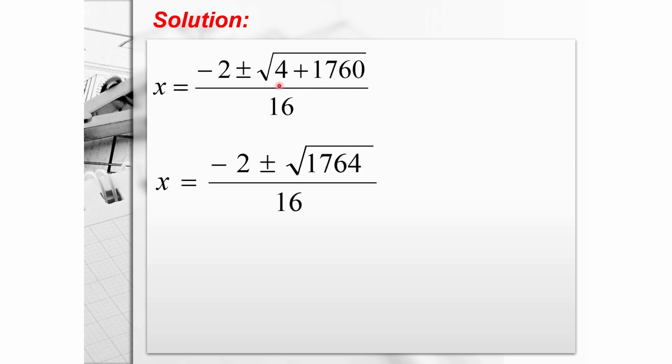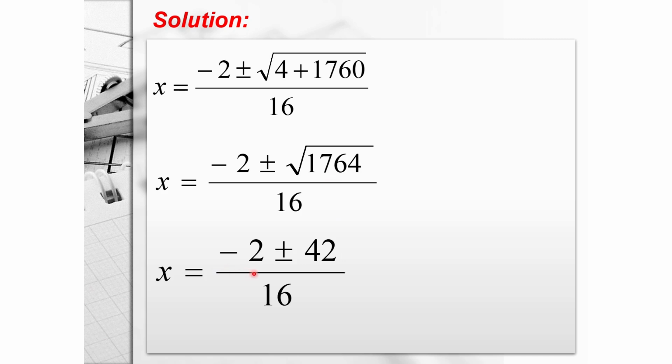Adding the numbers inside the radical sign, 4 plus 1,760 is 1,764, divided by 16. Next is get the square root of 1,764, and the square root of 1,764 is 42.